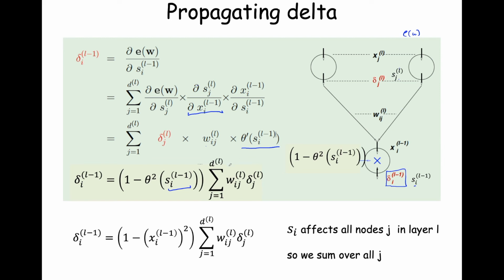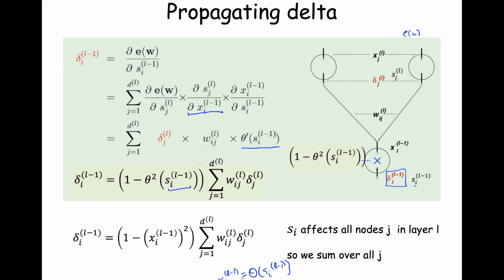Now, of course, if we look at what tanh, our nonlinearity, tanh of si superscript L minus 1, what does that mean? Well, that's nothing more than xi superscript L minus 1. That's the same as the output of that node in layer L minus 1, which is the input to the j nodes in layer L. So we're going to rewrite this tanh squared as just being xi superscript L minus 1 quantity squared, because it's the same value.